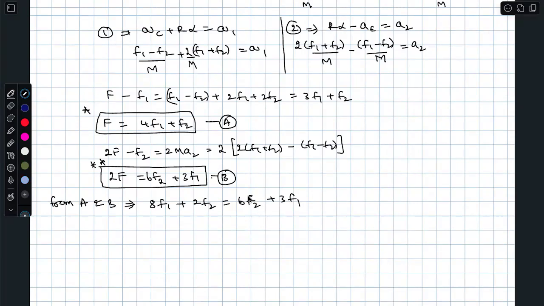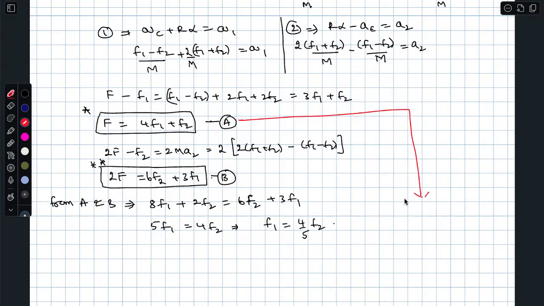Solve it. Bring that 3F1 here, 5F1; take 2F2 over there, 4F2. So I got the relation as F1 is 4/5 F2.